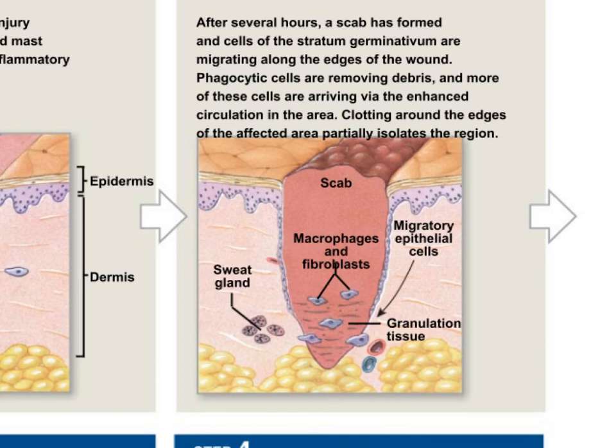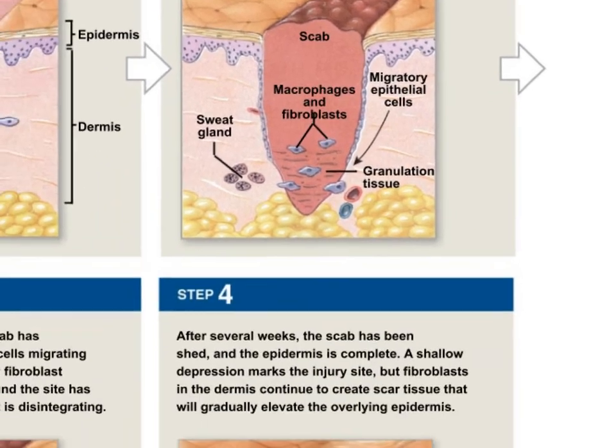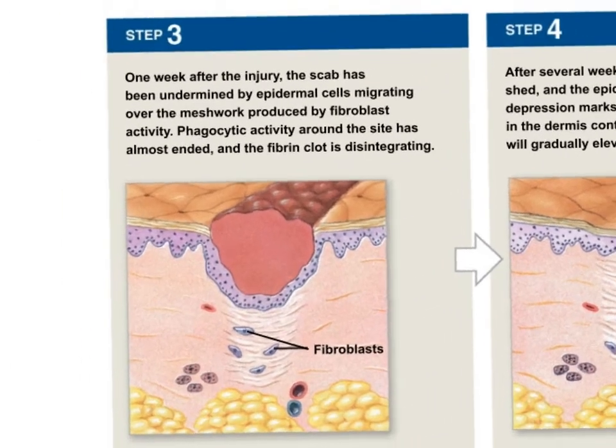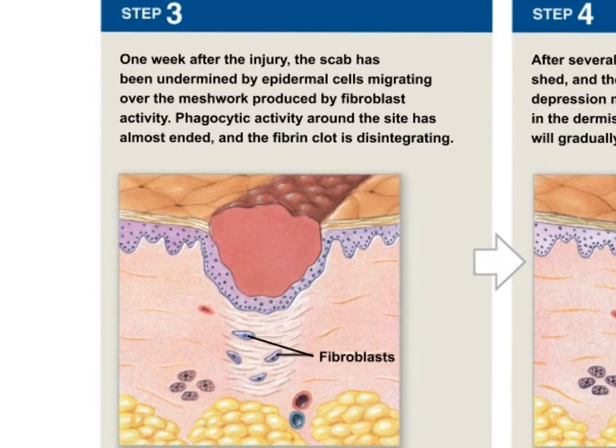And look at what's happening to the epidermis. The epidermis is growing around that scab. The next thing that we see is that the epidermis has grown all the way around the scab, so now we have a complete epidermis again.